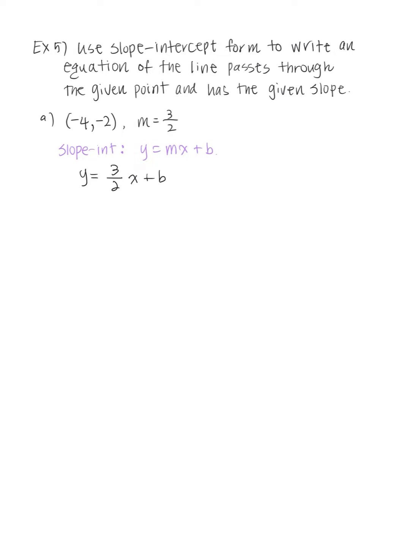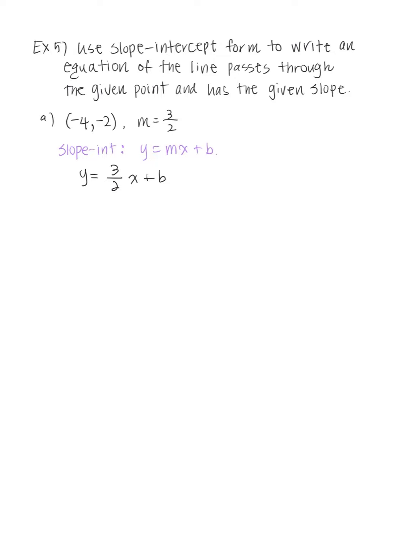Now in order to do this problem, we still have to find the value of b. So what we need to do is we have to use the fact that (-4, -2), your line has to pass through that, which means what then? It must lie on the graph, which implies that (-4, -2) must satisfy the given equation.